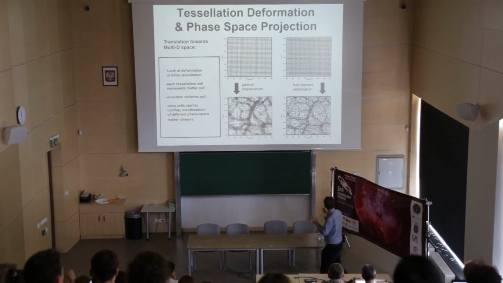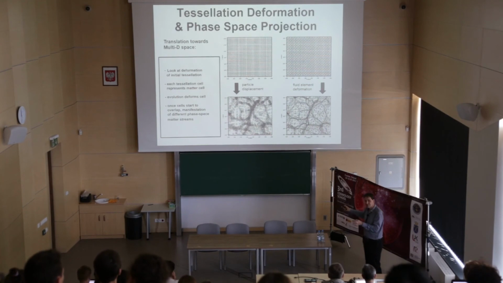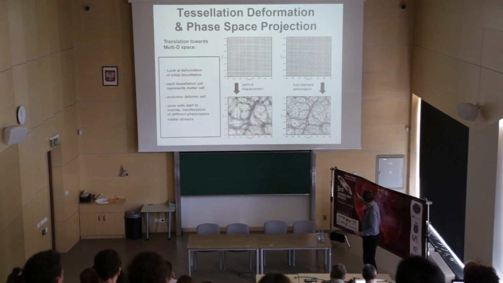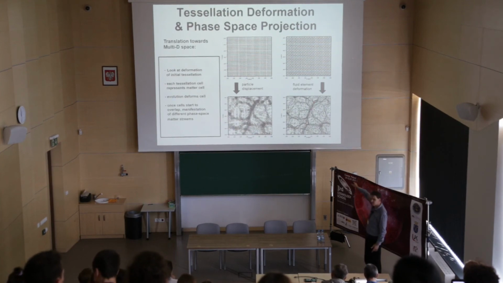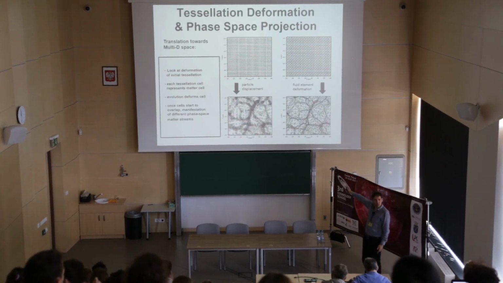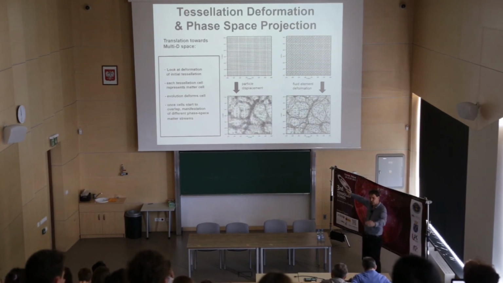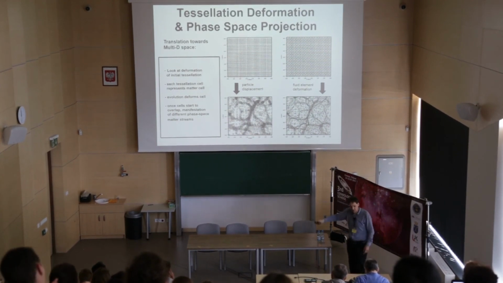Some of them get stretched, some of them get compressed. You remember the adhesion picture that I was showing you, right? That's where we are, and you see the cosmic web coming out. This is much more natural. This is what hydrodynamic equations tell you things are about.